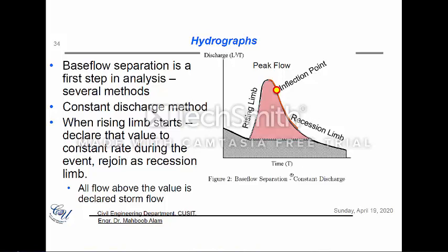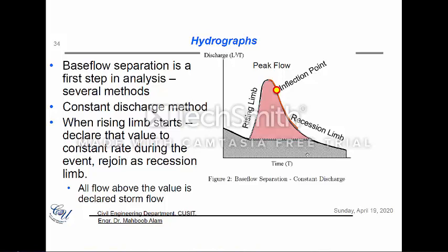One method of separating the hydrograph is the constant discharge method. We identify the point on the curve after which there is a rise in the limb, and we say that after this point there is an increase in the discharge. This point is connected through a straight line to a point on the recession curve, and this is one method of base flow separation.